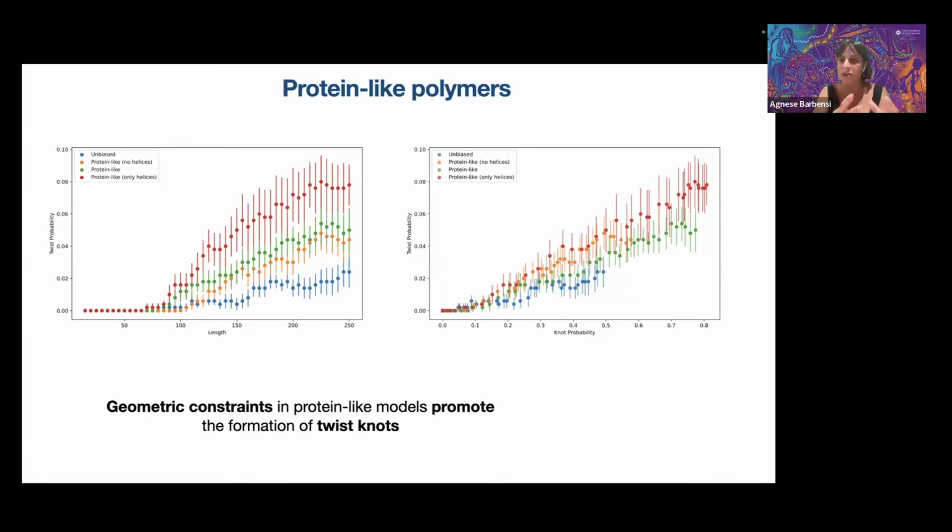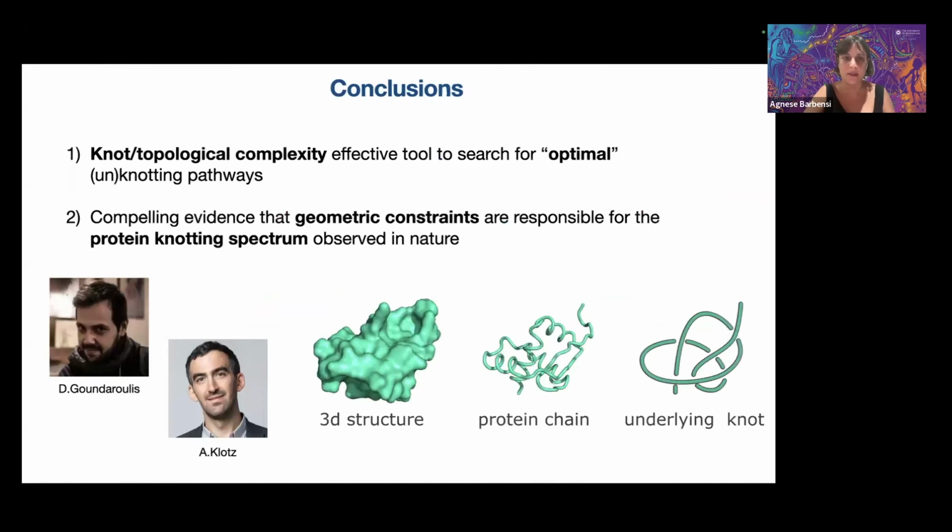So using this topological steering, using this knot functional, allows us to increase by a lot the probability that our curves are knotted, obviously, and we amplify these differences induced by constraining the geometry of the polymer we're growing. And this is our main result. We are showing that these geometric constraints indeed promote the formation of twist knots.